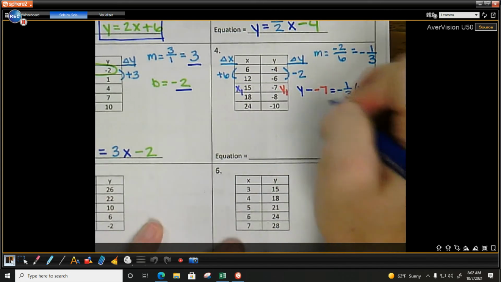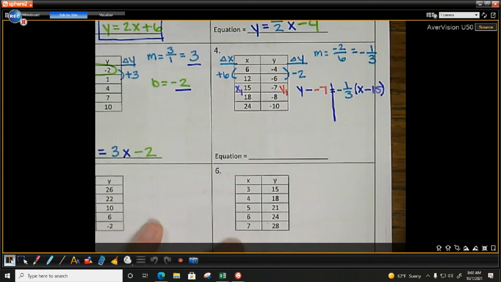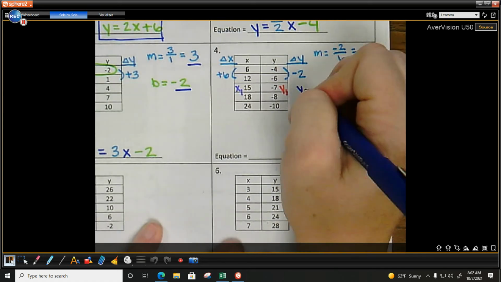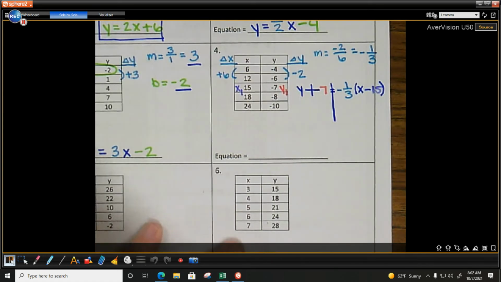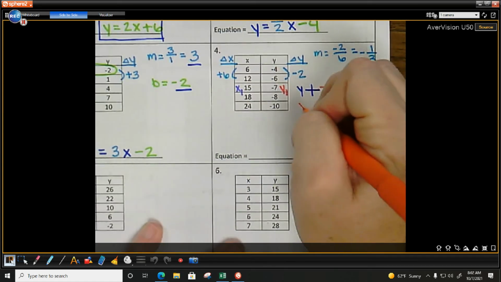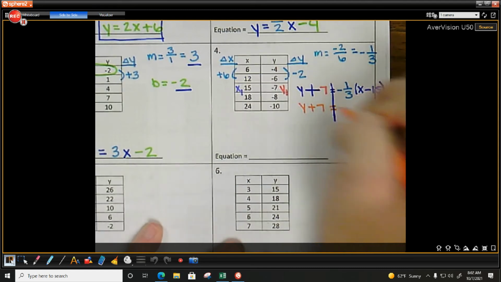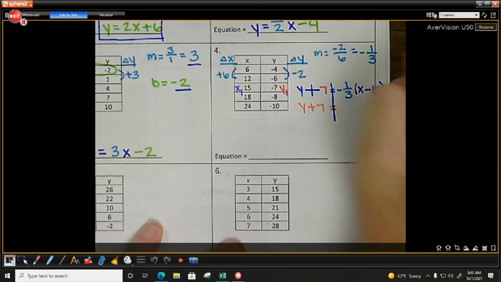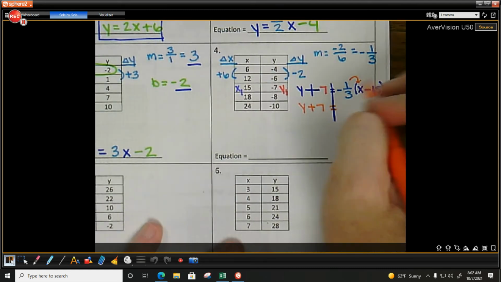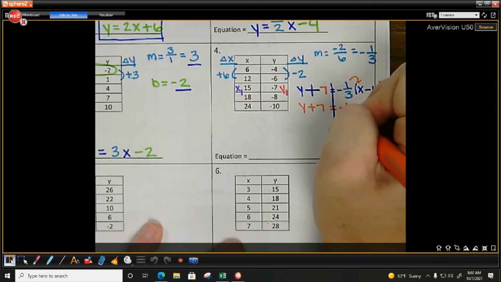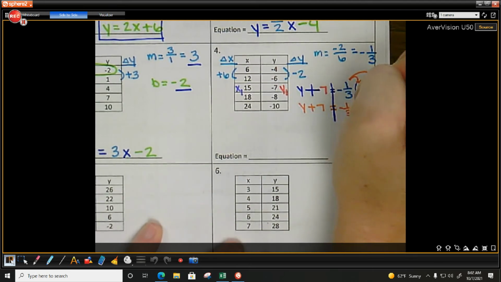What do I do with my double signs? Make it into a positive. Drop down your y plus 7. What do I do on the right? So what's negative 1/3 times x? And what's negative 1/3 times negative 15?